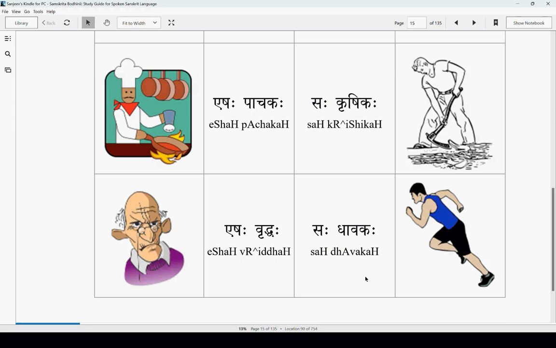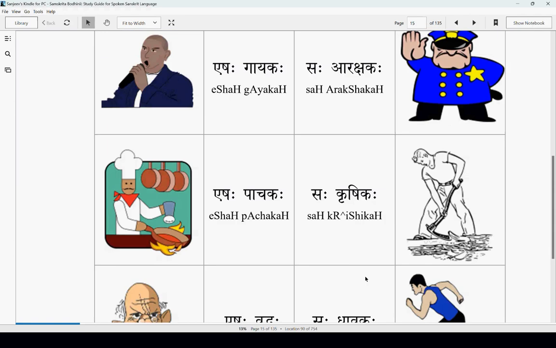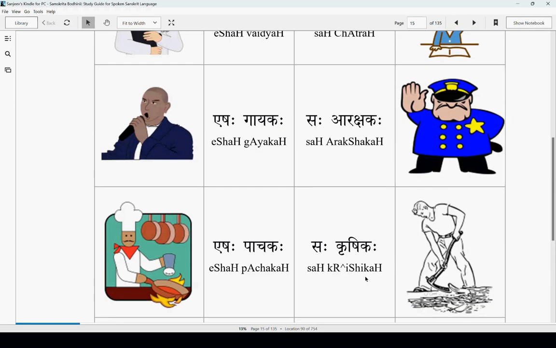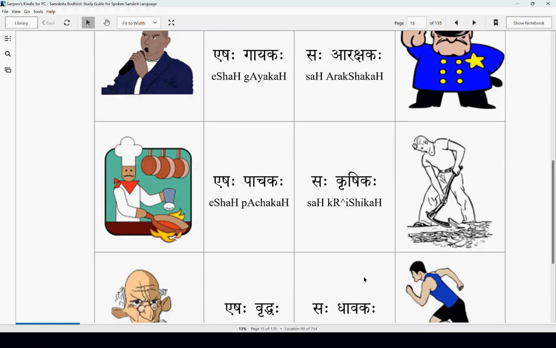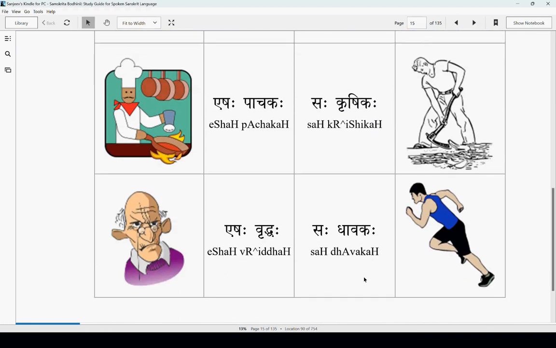So it depends on the context again, whether we are referring to a specific book or specific thing or a generic thing. Saha Krishikaha, he is a farmer, or he is the farmer. We don't know yet, unless we understand the context in which the sentence is being used.